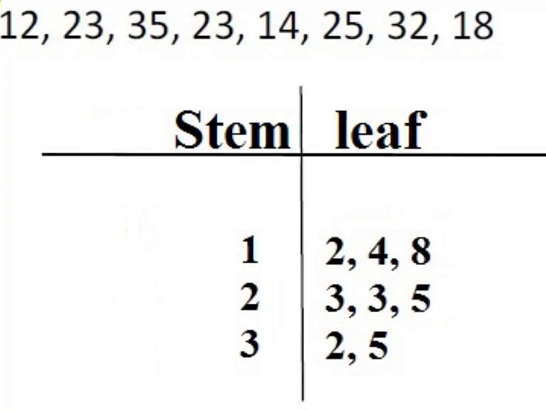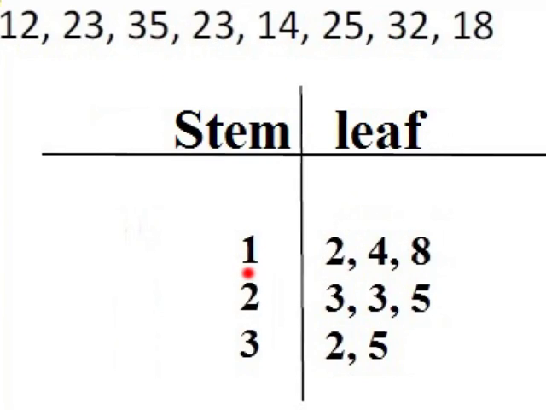Taking, for instance, these numbers, you've got 8 numbers, and you're going to classify those. The lowest ones are in the 10s, and the highest one here is in the 30s.